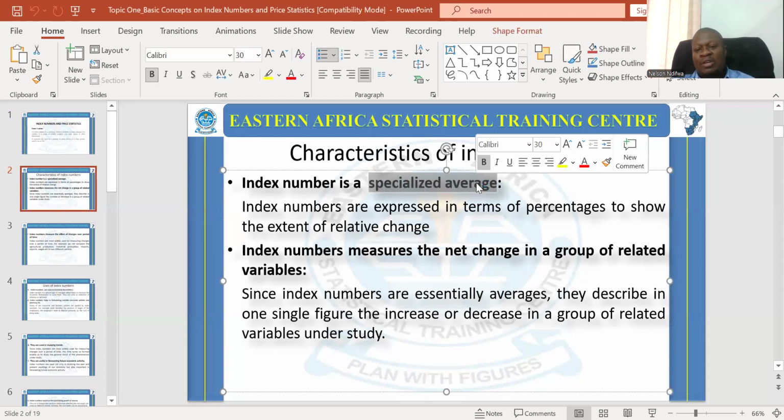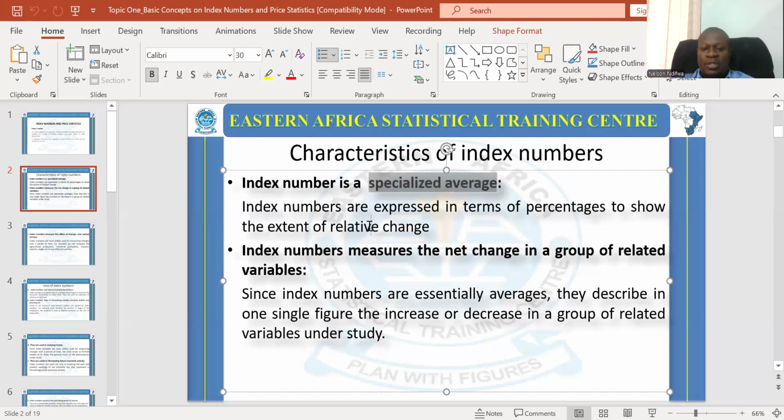It's not like a normal average, where we compute, for example, the mean age for the variable age or any other variable. The index number is always expressed as a percentage to show the extent of the relative change.